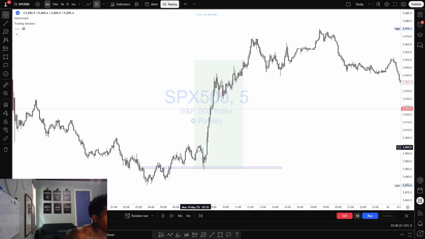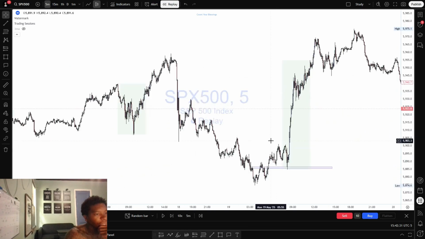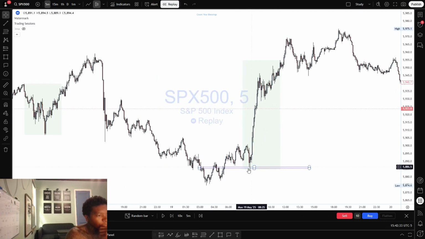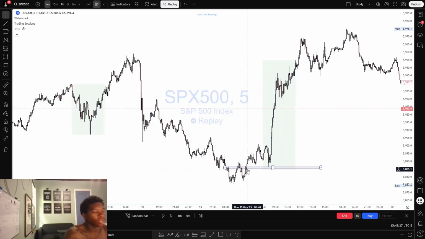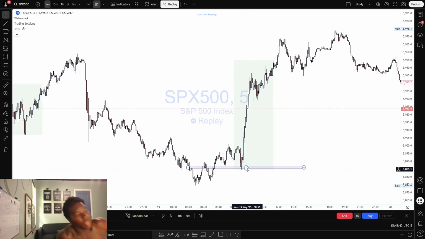You've got to break above, come back, retest, and continuation. So seeing something like this can definitely be an A1 setup, and you see it happen during that New York session as well.